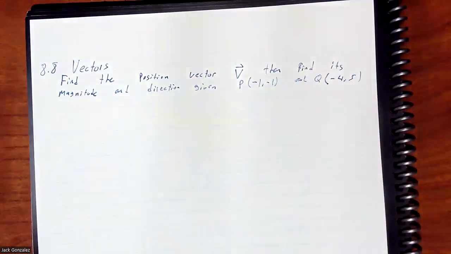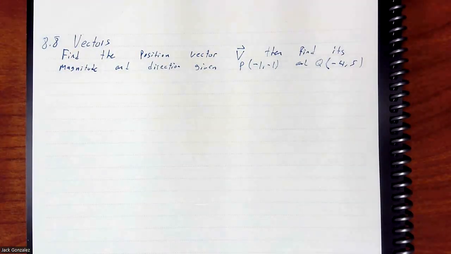These are 2 points. Find the vector that goes through them, and then find the magnitude and direction. Okay.